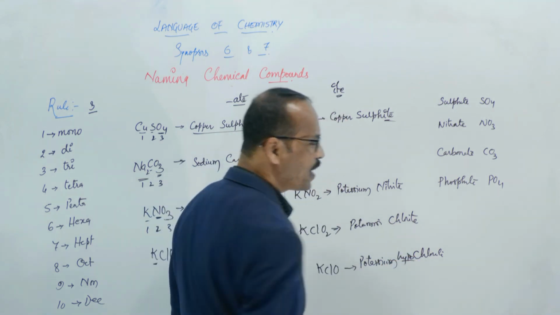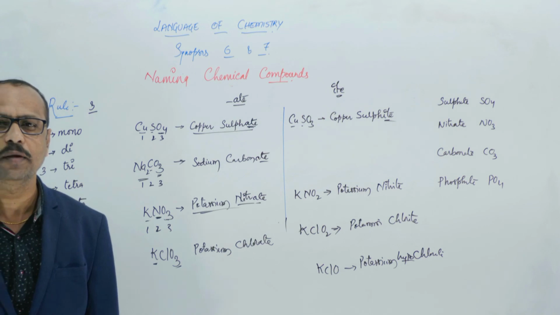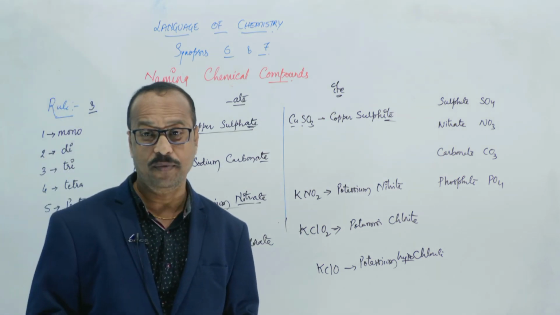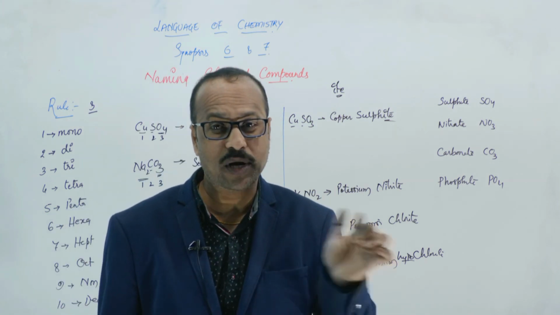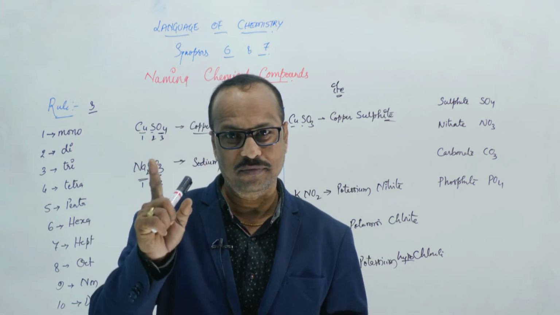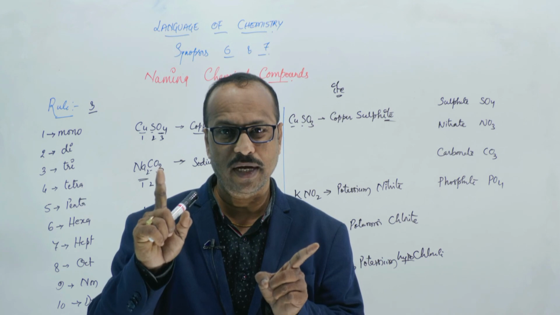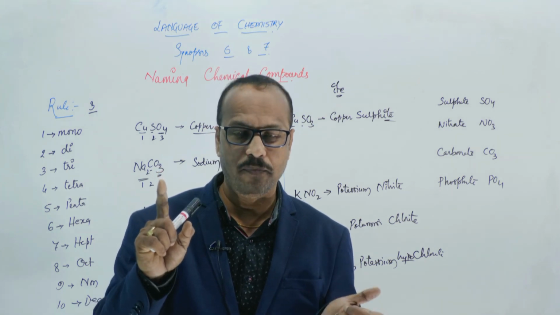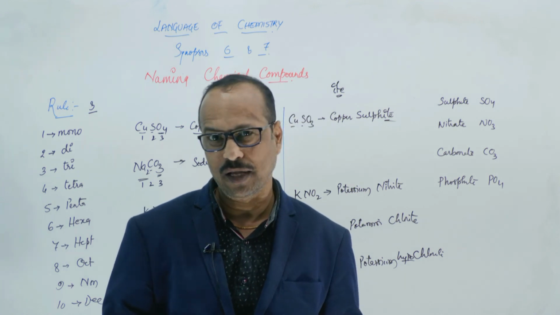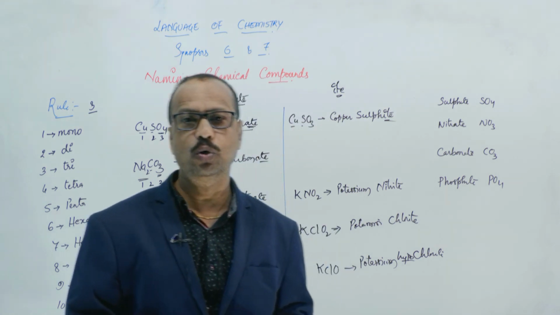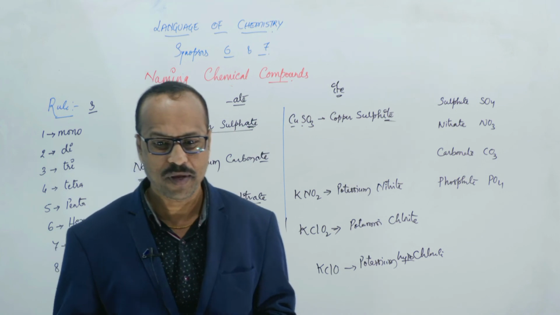Hypo you add. If one oxygen is less than the chlorate, then write chlorite. If one oxygen is less than the chlorite also, then write hypo. Okay.